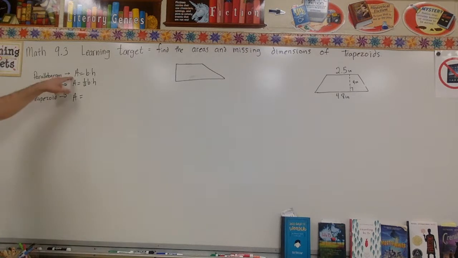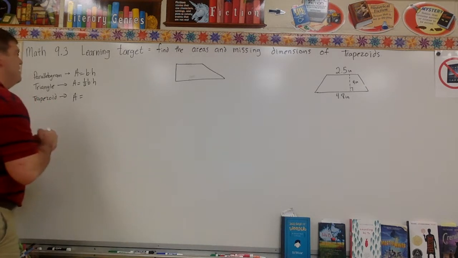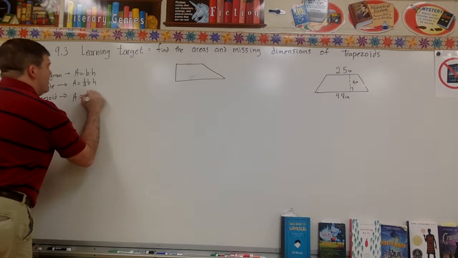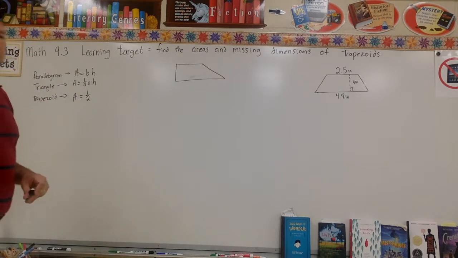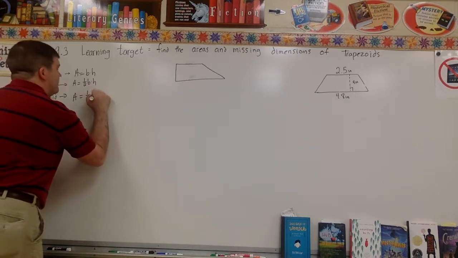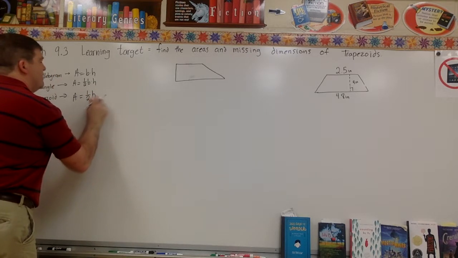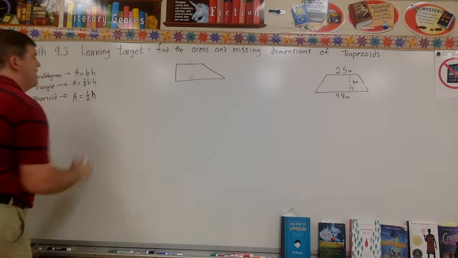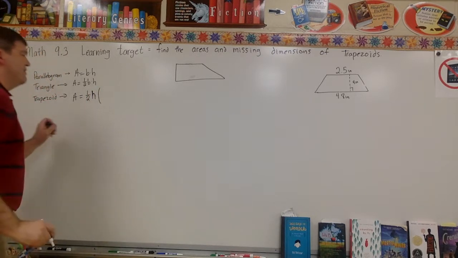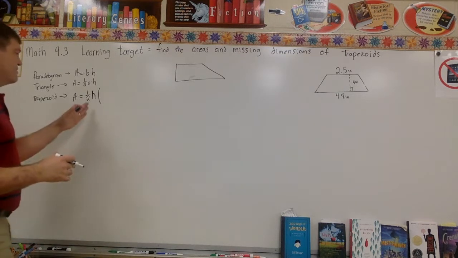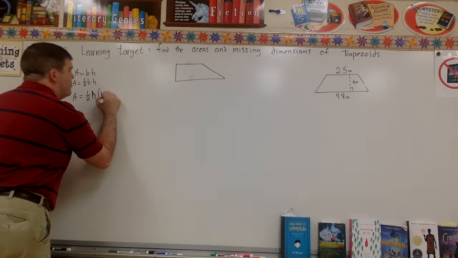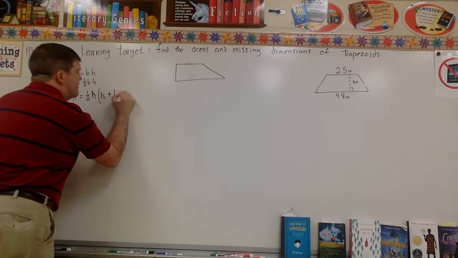Remember, the area of a parallelogram is base times height. Then a triangle, which is half of a parallelogram, so its area equals 1/2 times the base times the height. Now, the area of a trapezoid is going to be 1/2 times the height, times the parentheses, which means you've got to do it first, but it's also just multiplying all this: base 1 plus base 2.